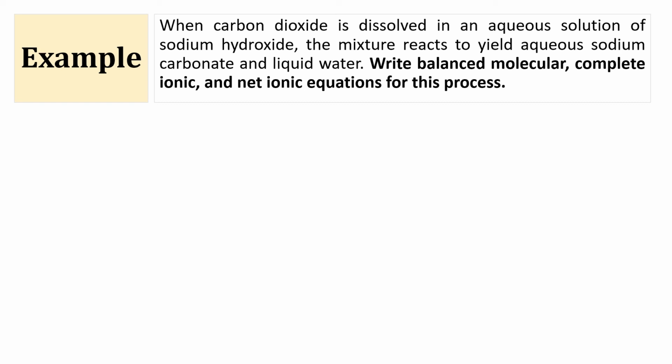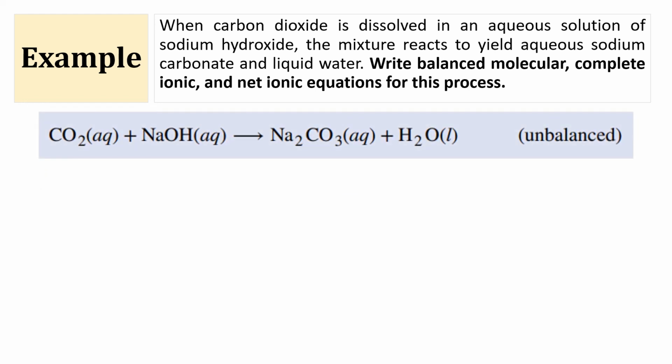So we begin by identifying the formulas for the reactants and products and then arranging them properly in chemical equation form. So this will be written as carbon dioxide plus sodium hydroxide gives sodium carbonate plus water.